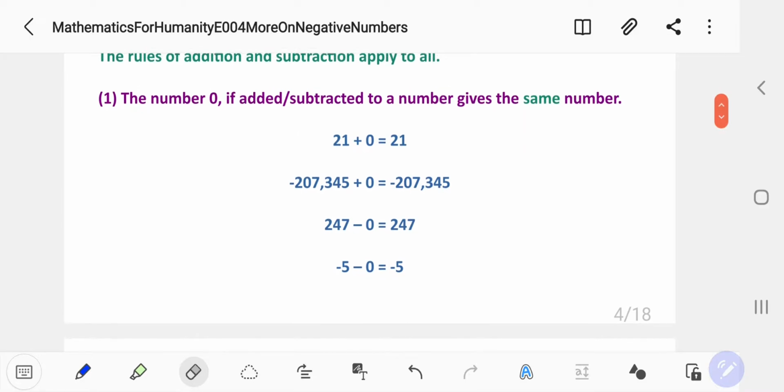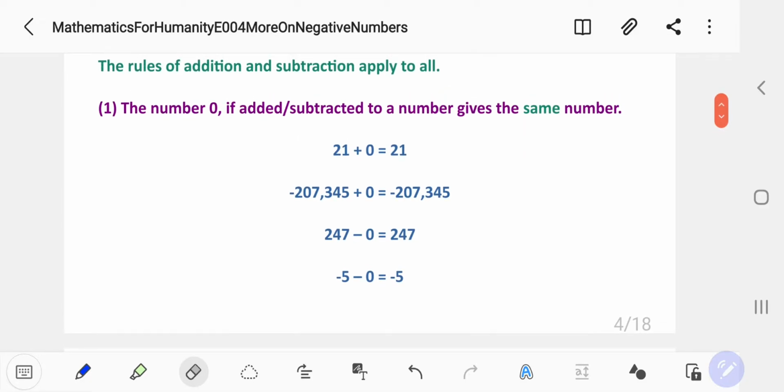For example, the first rule that we have talked about in the previous sessions of this series: the number 0, if added or subtracted, gives the same number. 0 is a number that represents nothing.